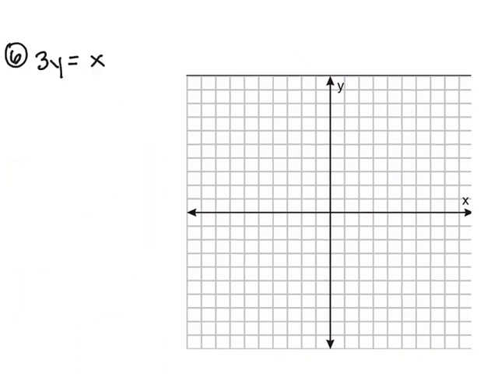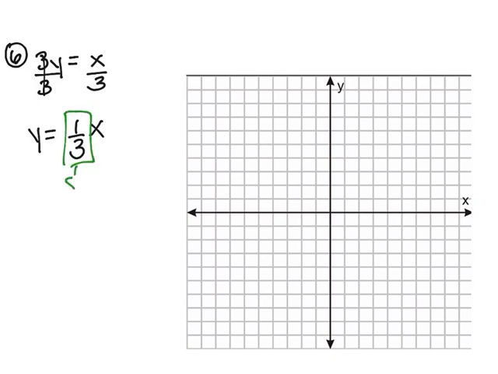Okay, our last graph is going to be 3y equals x. So to get y by itself, we're going to divide by 3. And so y equals 1/3 x. Now, you do have x and y, so this is not considered a special line.